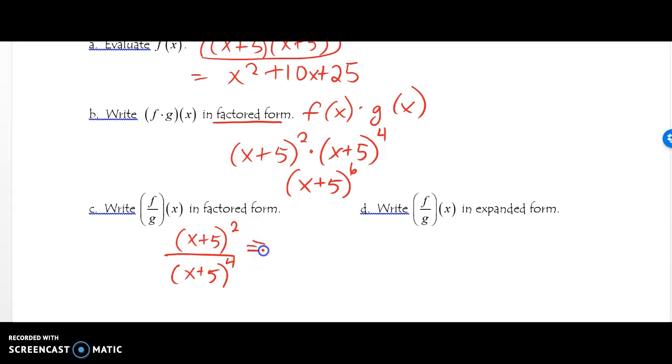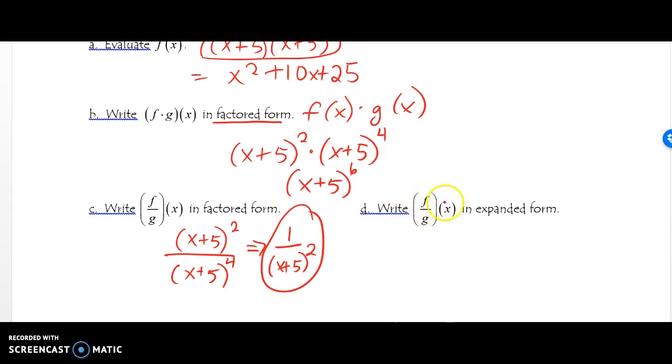We have more of these in the bottom, so this would simplify into 1 over the quantity x plus 5 squared. So just like with numbers, when we're writing ratios, we should simplify, reduce. So that's really all we're doing, and it's still in factored form because we haven't actually done the multiplication here in the denominator.